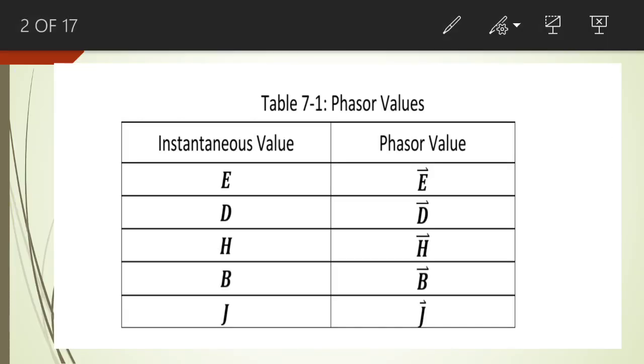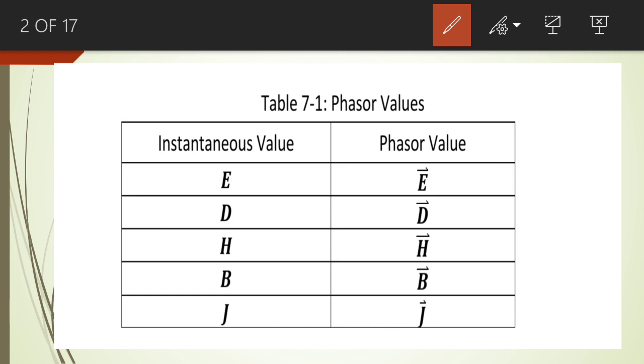We consider table number 1. In table number 1, we consider the instantaneous values on the left hand side and the phasor values of these electrical quantities on the right hand side.